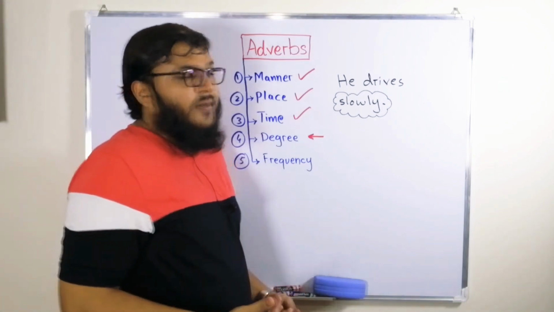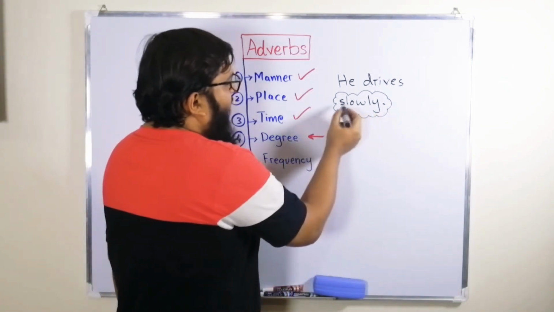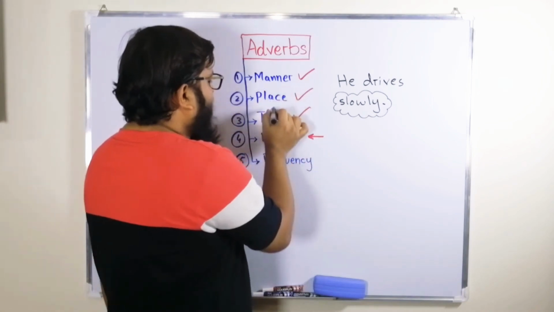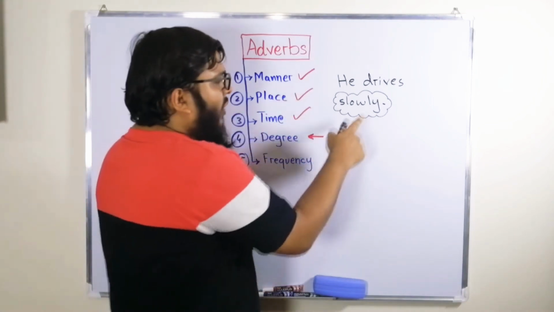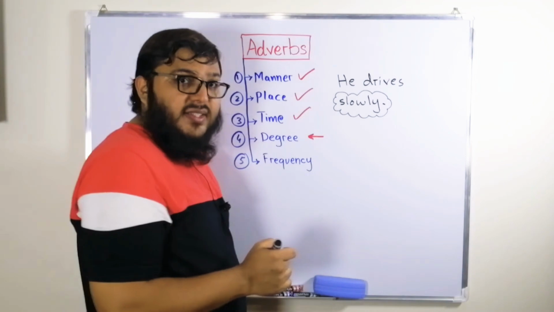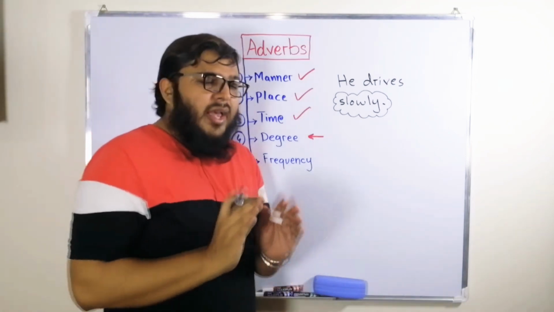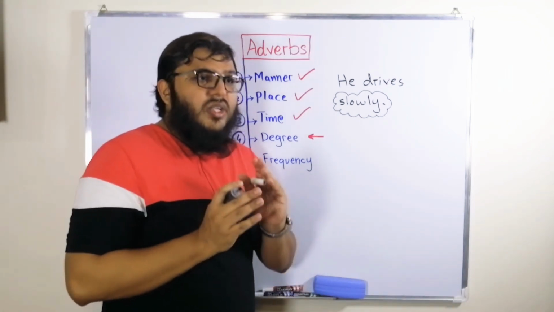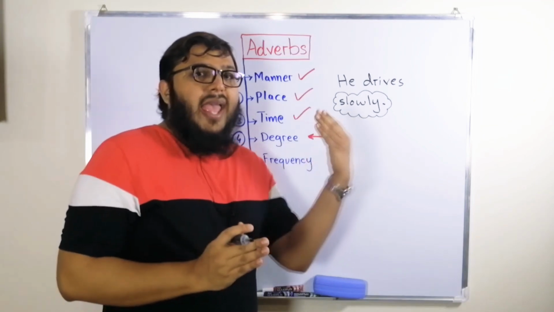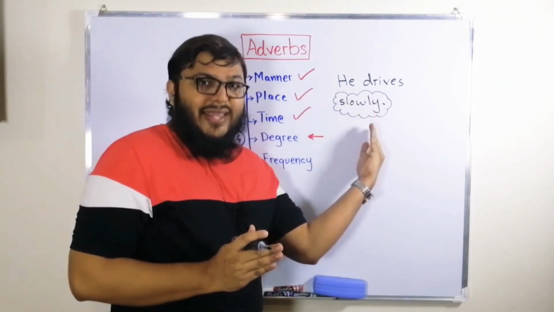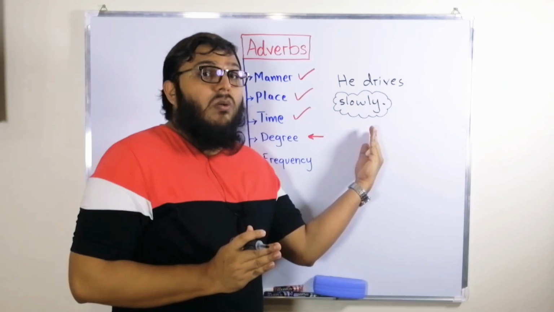They are called adverbs. The question is, there are kinds of adverbs like manner, place, time, degree, and frequency. What kind of adverb is this? So remember, any adverb that is formed by adding ly in the end, that is called a suffix.